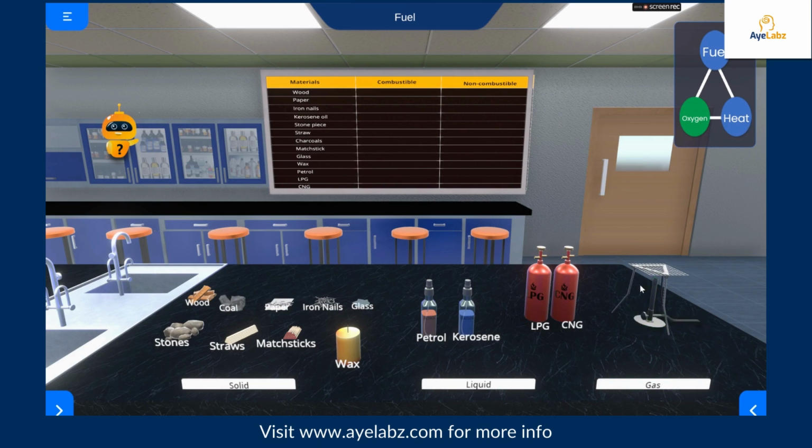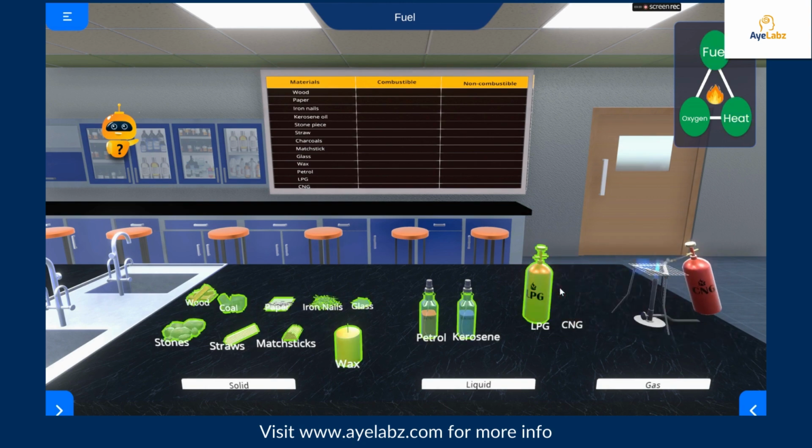Now we are going to check how this triangle works for these combustible and non-combustible materials. For that, I'm clicking on the Bunsen burner to get it started. Let me check it with CNG. It is combustible material because all three in the triangle work fine.